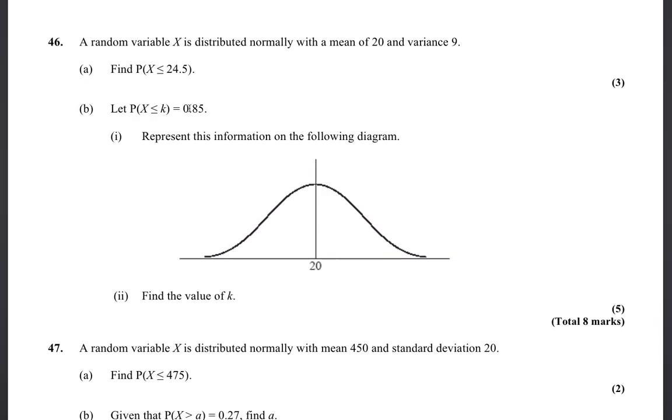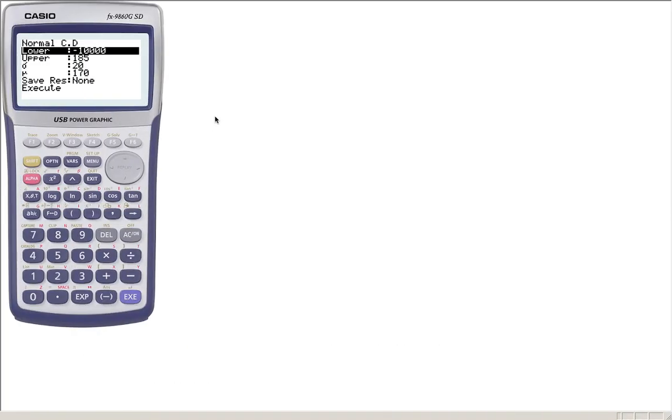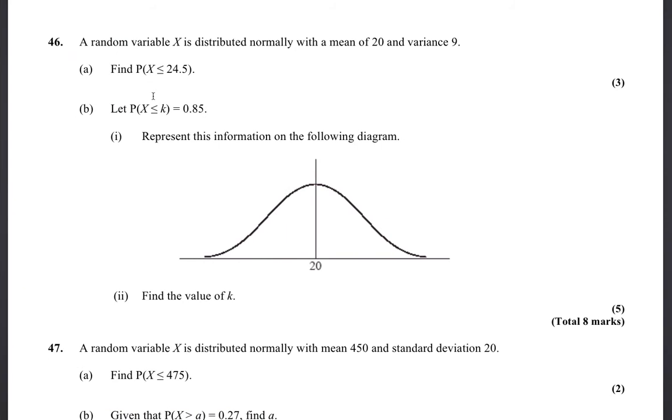Okay, so let us go to distribution, normal, NCD, because I need to find the probability here. So I'll go to NCD. I need to find P of x less than or equal to 24.5. So let's say, for example, 24.5 is here. So I need to find this area basically.